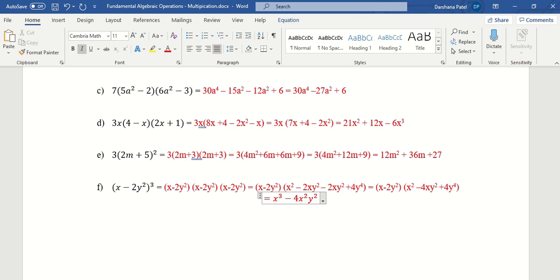Then x times 4y to the 4 gives 4xy to the 4.